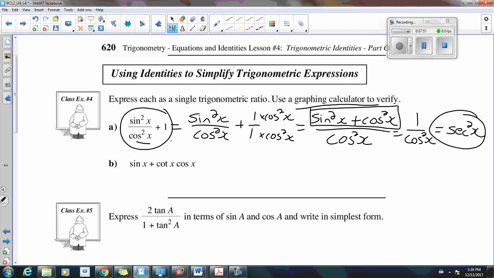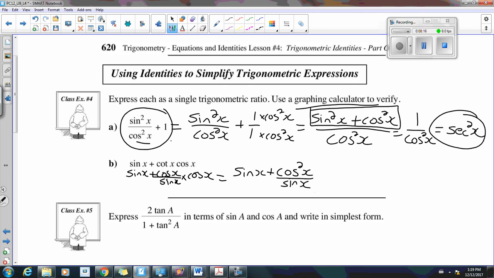So one of the things that usually works for us is if we start by rewriting everything in terms of sine and cosine. So cotan we can write as cos x over sine x. Well, now I can simplify this to be sine x plus cos squared x over sine x.